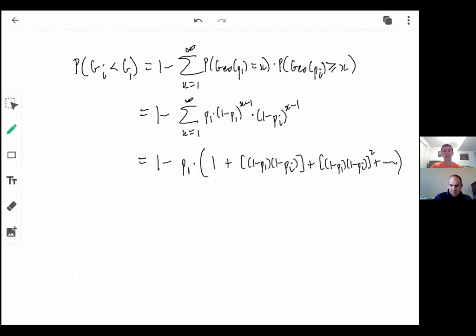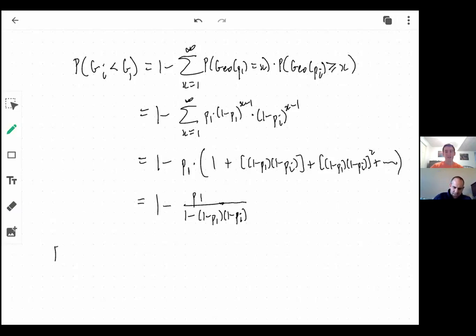So it's going to be 1 minus P1, over 1 minus PI. Yeah, let's just leave it at that.